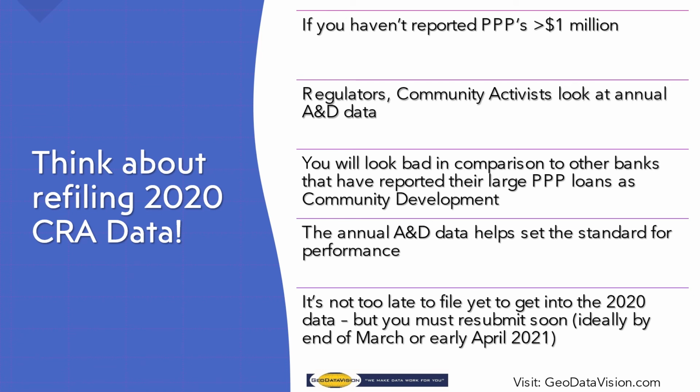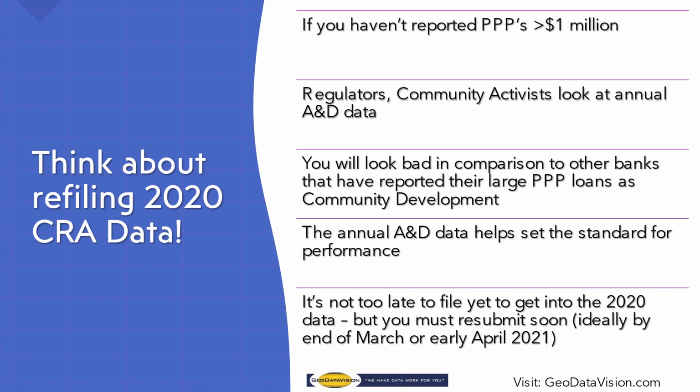You will look bad in comparison to other banks that have reported their large PPP loans as community development. And don't forget, too, the annual aggregate and disclosure data helps set the standard for performance expectations after it's released. It's not too late to refile your 2020 CRA data if you have omitted reporting the large PPP loans, but you must do so as soon as possible.